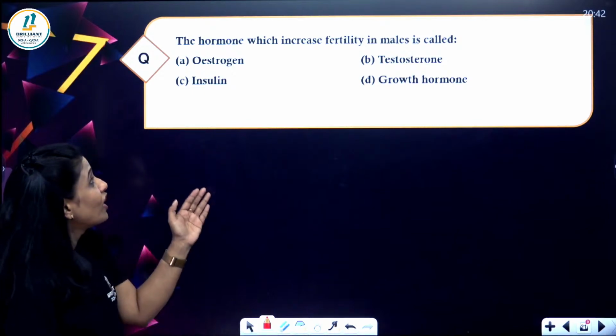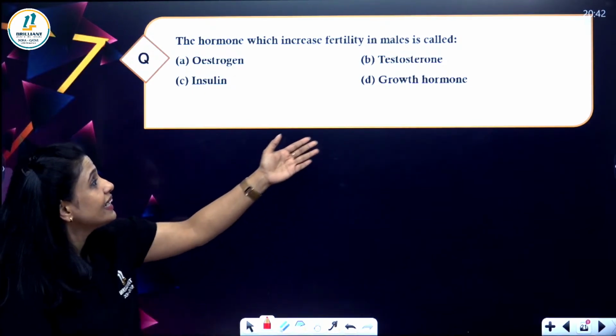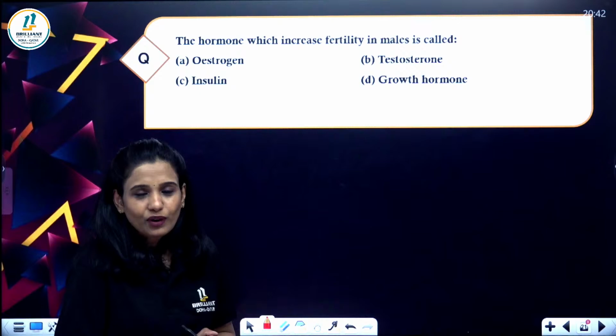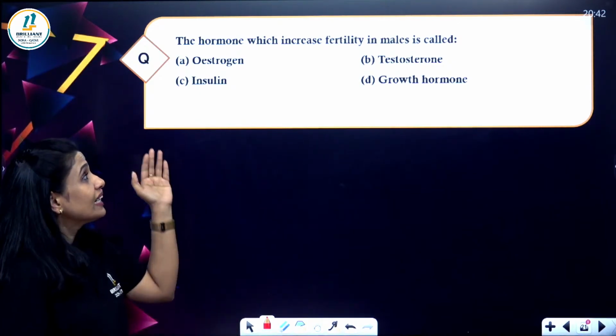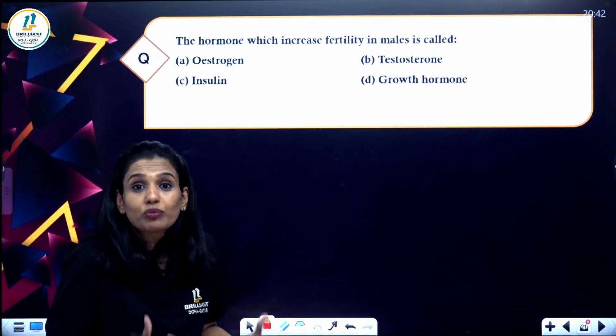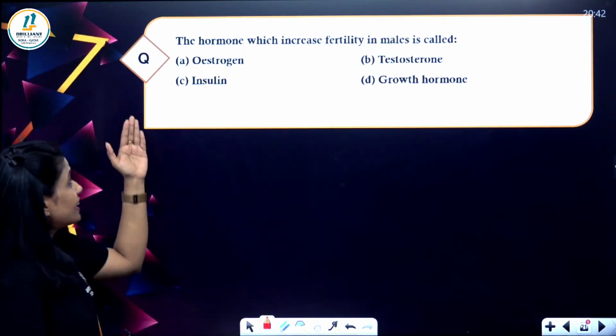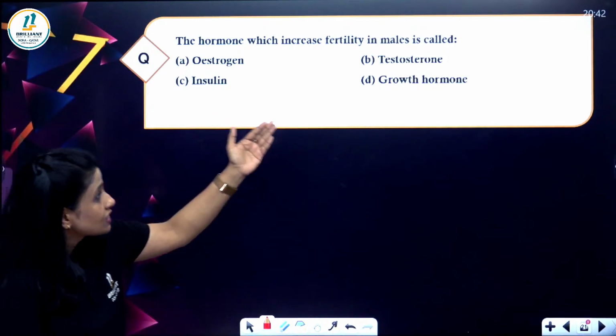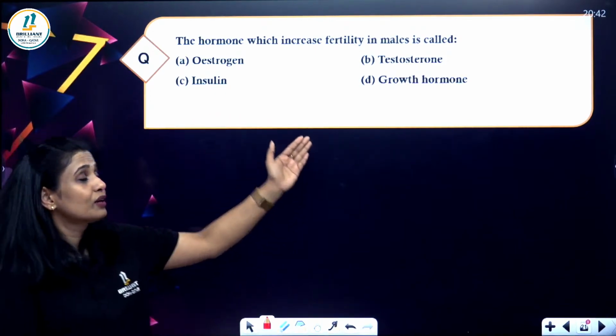The hormone which increases fertility in male is called. Which hormone increases fertility in male? That means the sex hormone in male. Here it is given estrogen, testosterone, insulin, growth hormone.